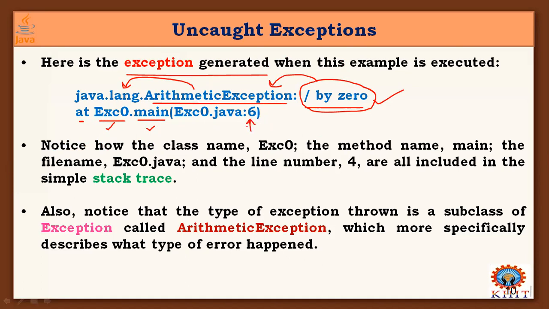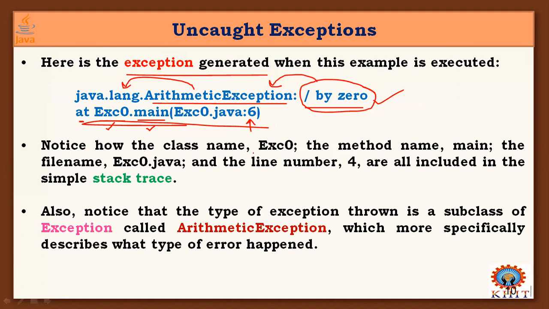So this is the process called stack trace. This way it prints the exception generated. This is the output we get when we compile and run the previous program.